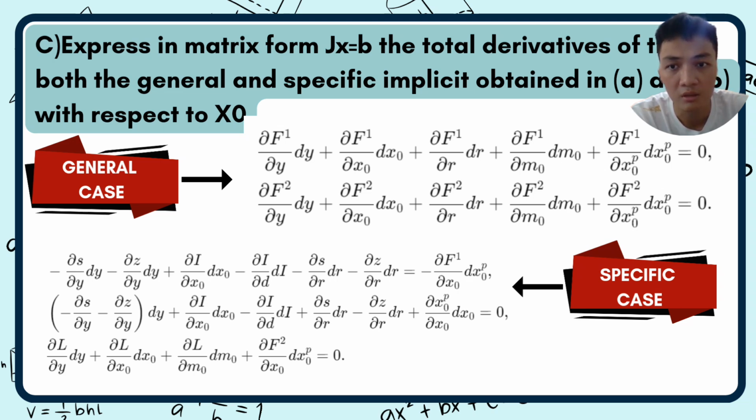The specific case equations simplify the general case by setting some of the variables to zero or constants. They represent the total derivatives with respect to fewer variables and include additional terms for the derivatives with respect to L, S, and Z.